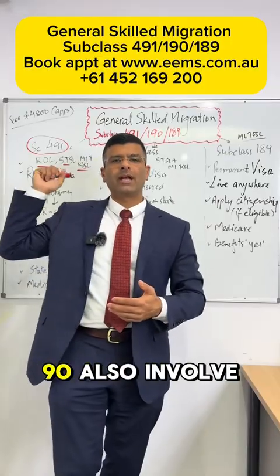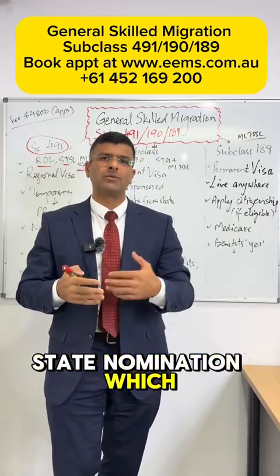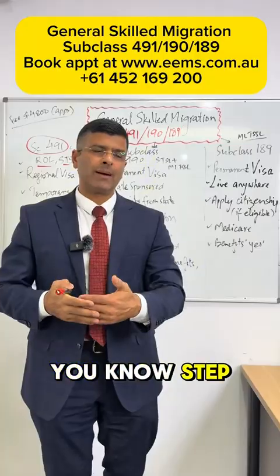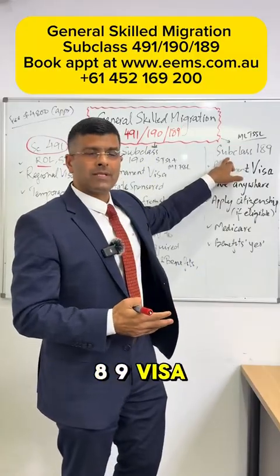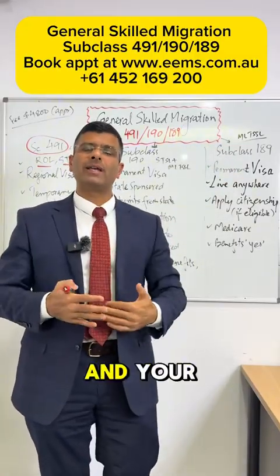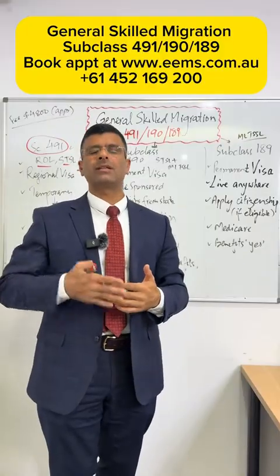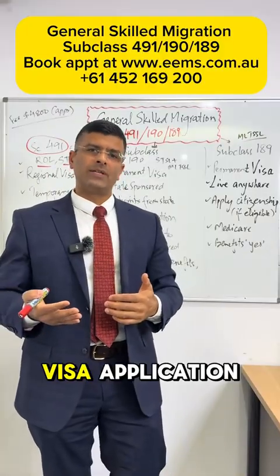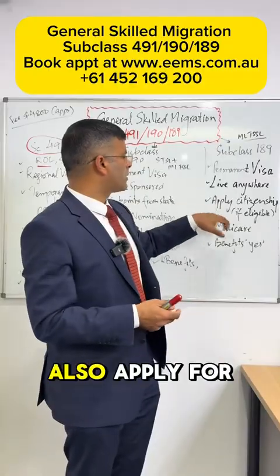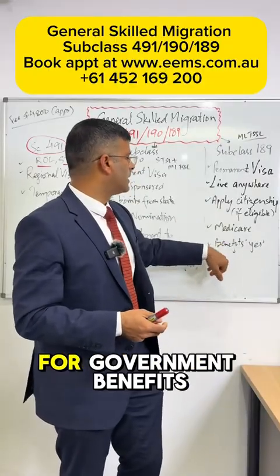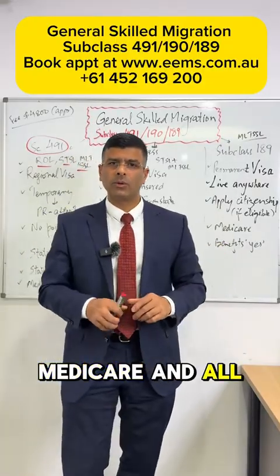But 491 and 190 also involve state nomination, which is an added step compared to the 189 visa. The 189 only requires an EOI, and if your EOI is picked for invitation, you then directly lodge the visa application. You can also apply for citizenship, and you are eligible for government benefits, Medicare and all those things.